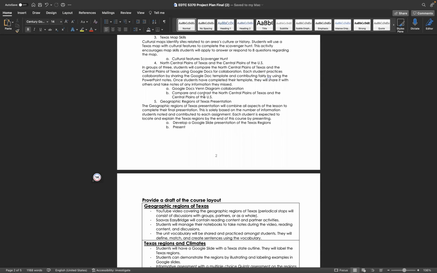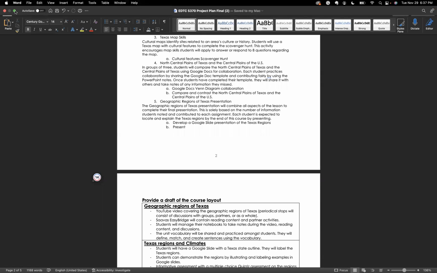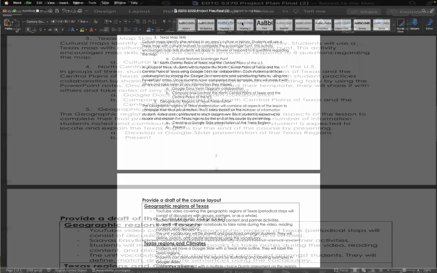And then I wanted to hit the map skills, especially for Texas because it's so large. So in one of the resources that I have with the school, called Savvas, they had a scavenger hunt, so let me just go to it because it'll be easier.